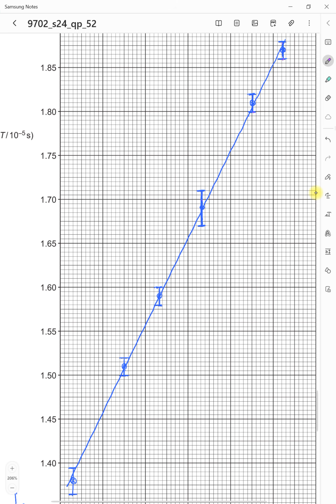I'm aiming the bottom of the top error bar, the top of the bottom error bar, and I'm going to aim at the top. So this is not really very good because it has left out this error bar, so I have to change this again. That's the danger of drawing this on a computer.